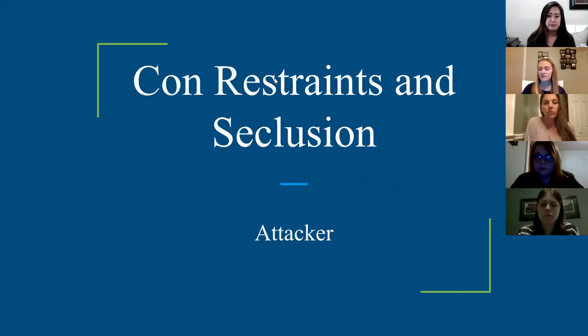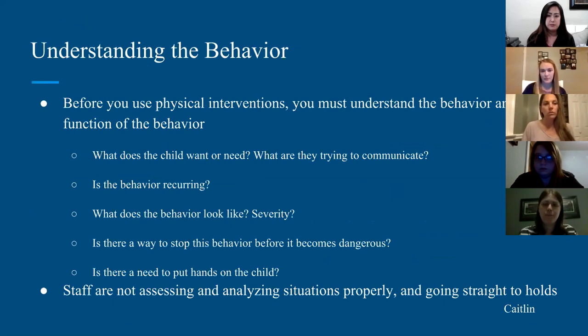Con restraints and seclusion, the attacker. Before I go into our argument, I just wanted to address some of what the pro side just talked about. Sina said you don't know when an aggressive behavior is going to occur, and it's not always the same or reliable. But it's not about knowing when it's going to occur. It's about the amount of training to reduce a behavior from happening.